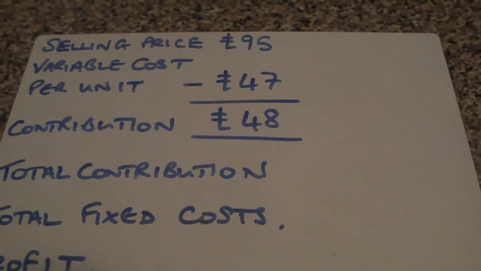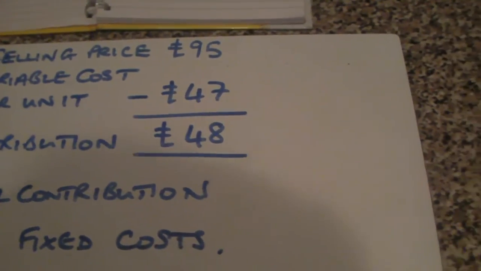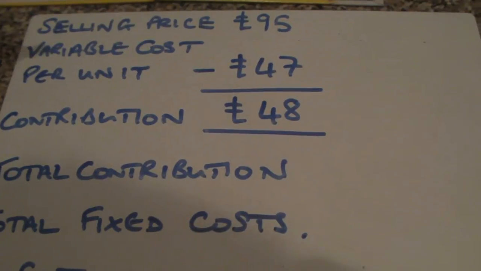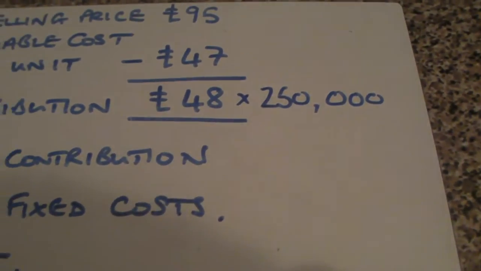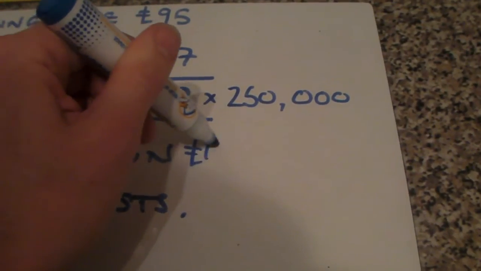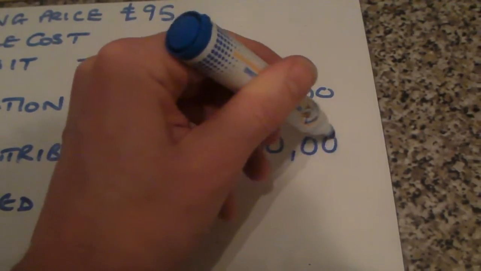Now let's assume that in their first year they sell 250,000 units of this particular product. So £48 contribution per unit times 250,000 units will give us a total contribution of some 12 million pounds.